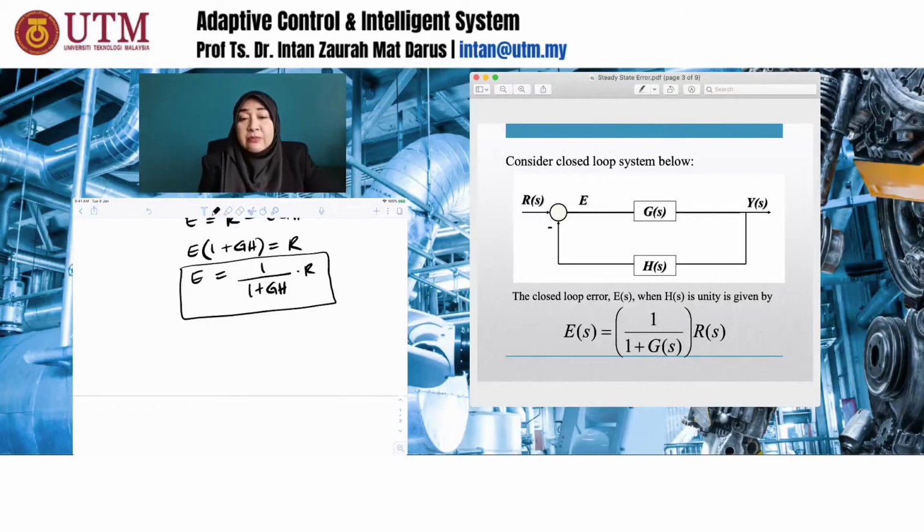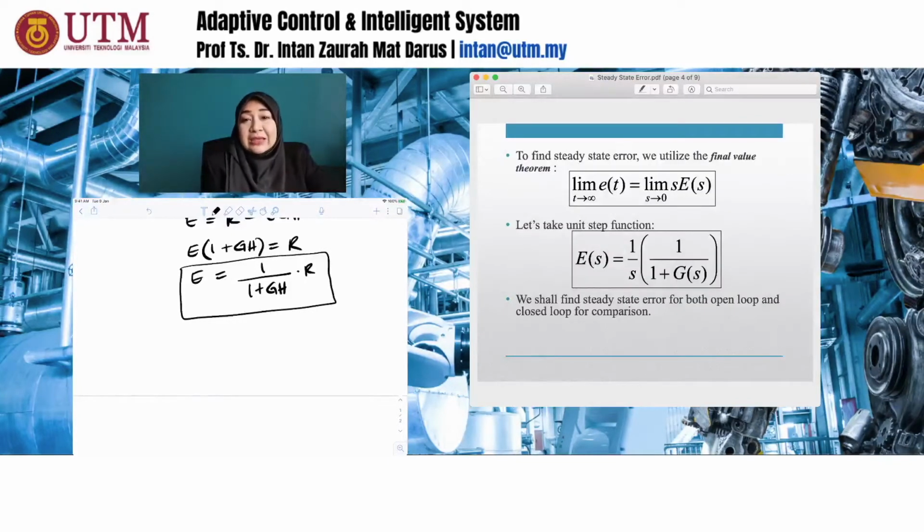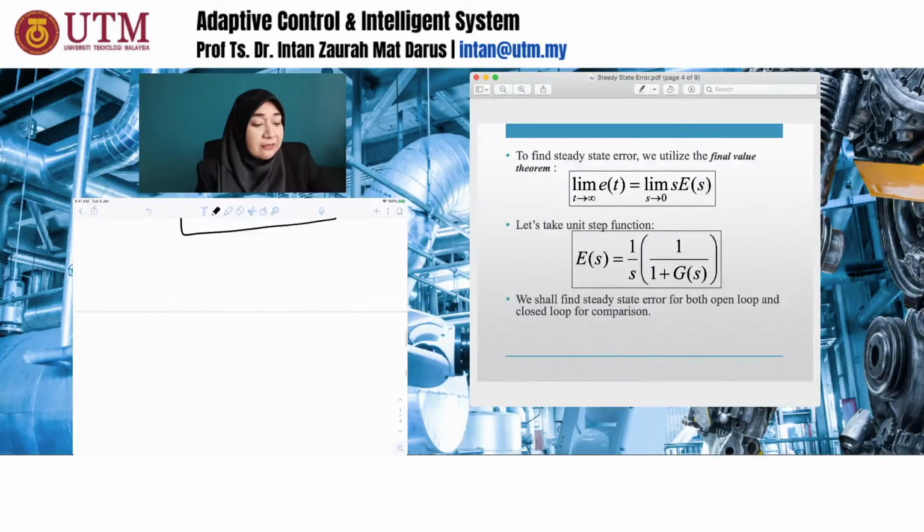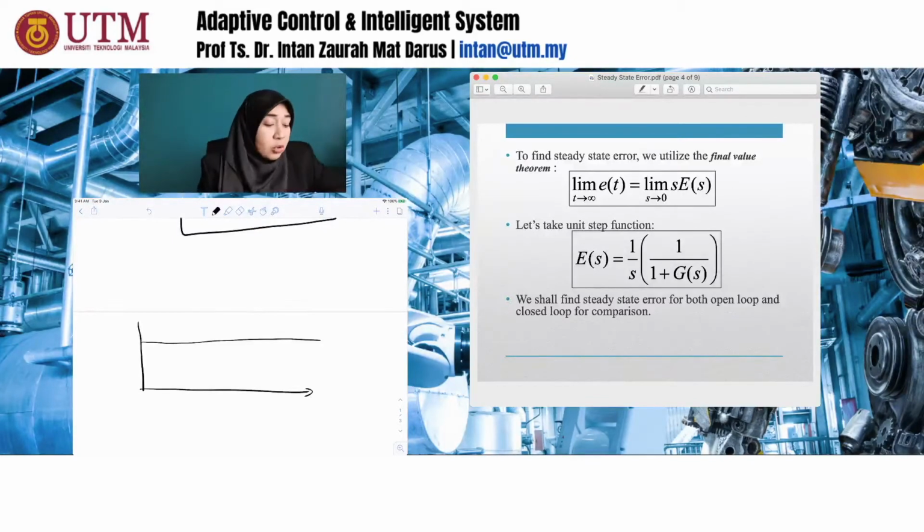Next, when we want to measure the system error at steady state, you must wait until the system reaches its steady state. For example, let me just show you that. Let's say I have a step input applied to a system. So what we want to do is check the response of the system. The system maybe is, let's say, a second order system, it will respond like this.